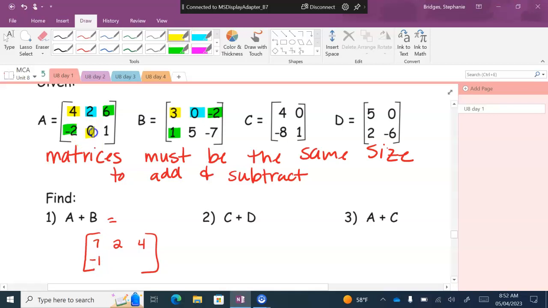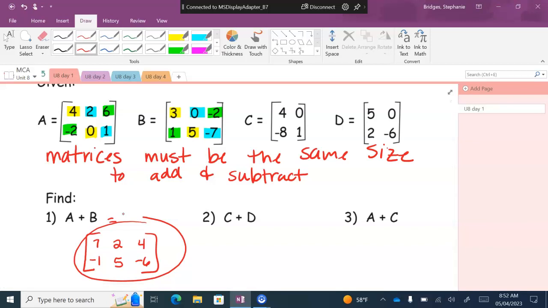Then we're going to add 0 and 5 together, which gives me 5. And then we're going to add 1 and negative 7. And that is the result of A plus B. You literally add the numbers that are in the same position.